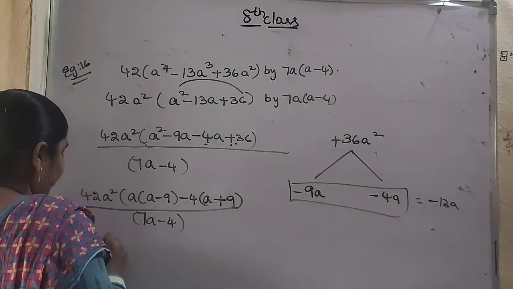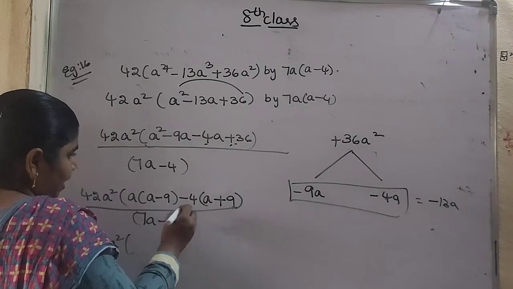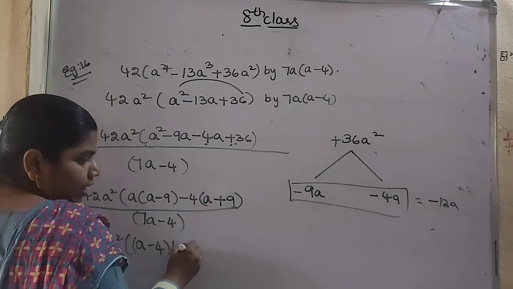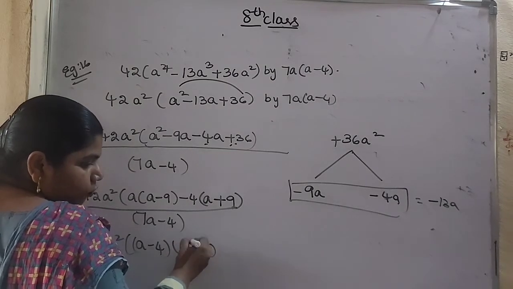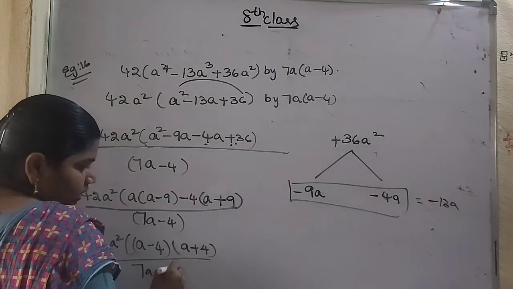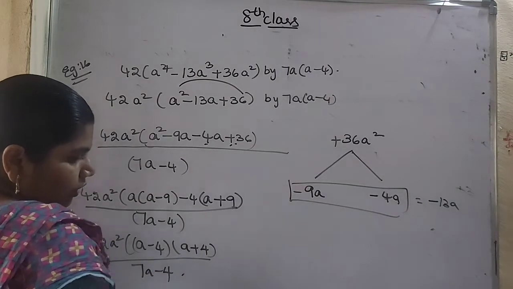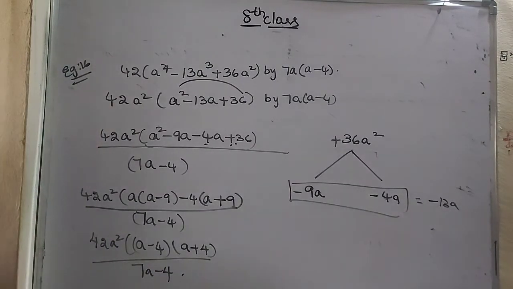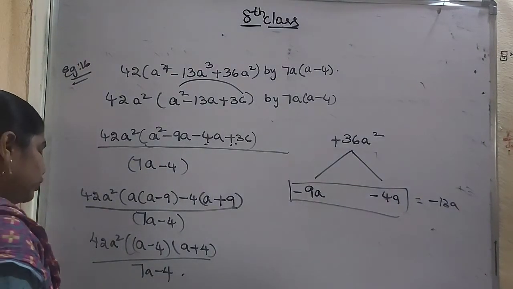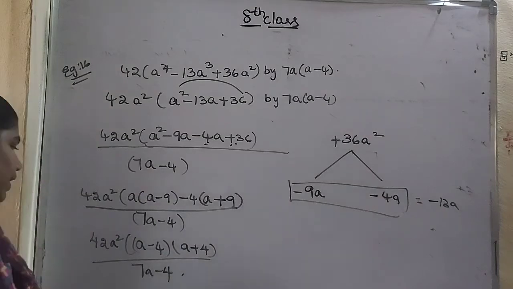So it will be 42a square, and the factors here are a minus 9 and a minus 4, by 7a minus 4. So these are the factors for the given expression.